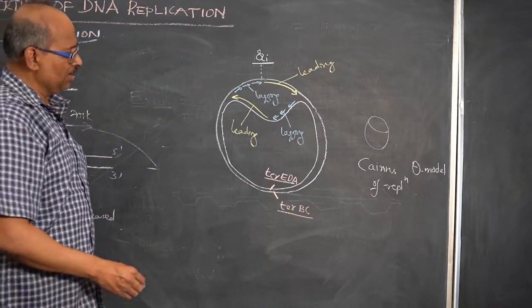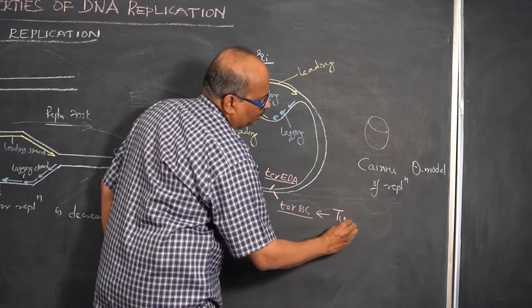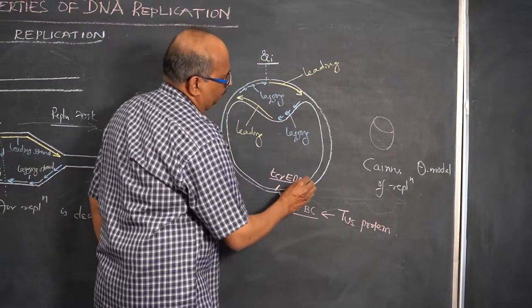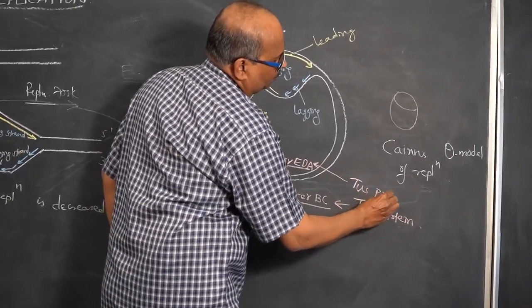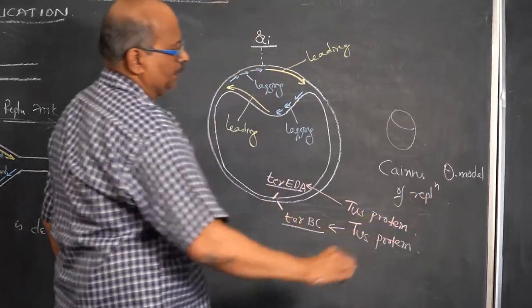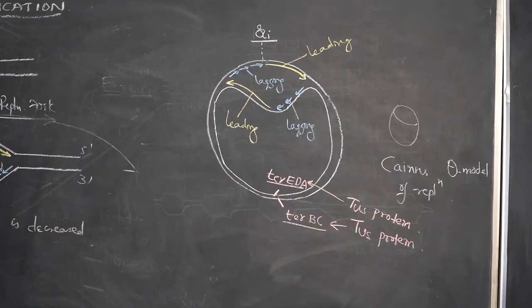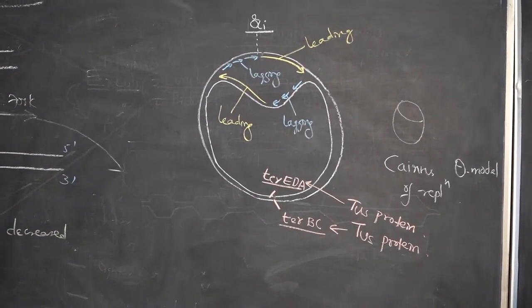So these Ter regions will bind Tus proteins and they stop the polymerase. So that's in case of the bidirectional replication.